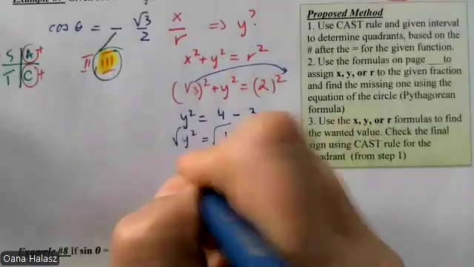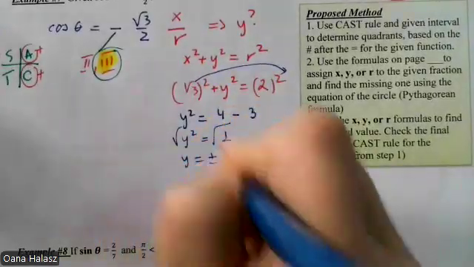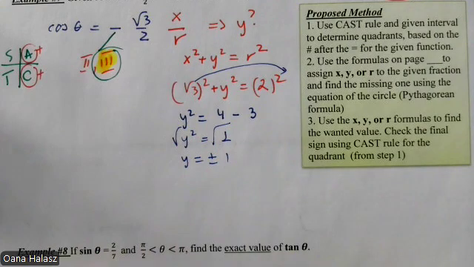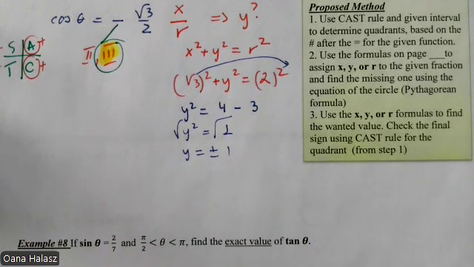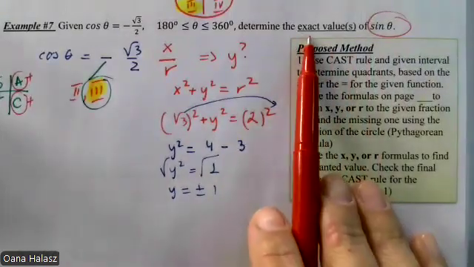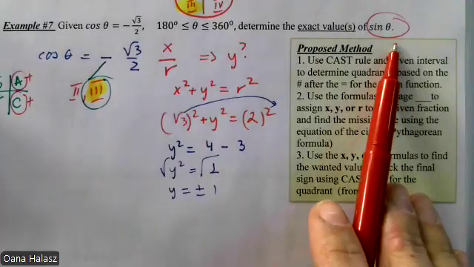Square root both sides. y is positive or negative 1. If you have x, y, r again, you can answer any question. The question for this one was to find the exact value of sine of theta.